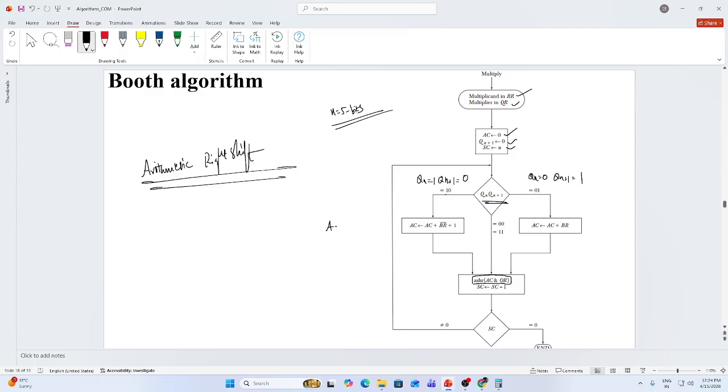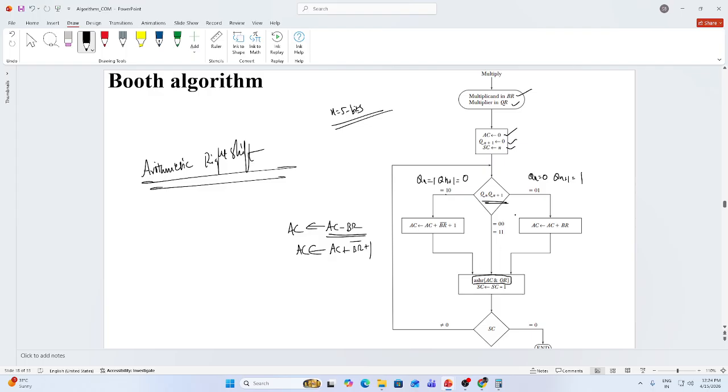Subtraction means AC minus BR, and the result is stored in AC. Instead of AC minus BR, you can perform AC plus BR bar plus 1 into AC. First perform the subtraction, then the shifting.